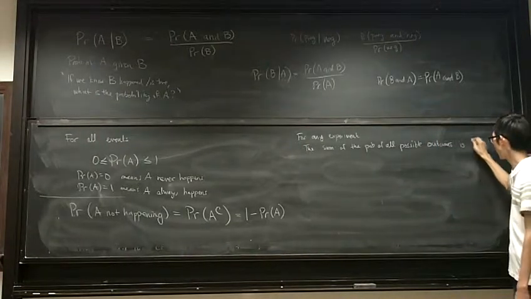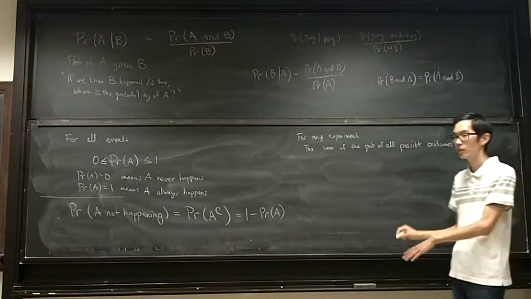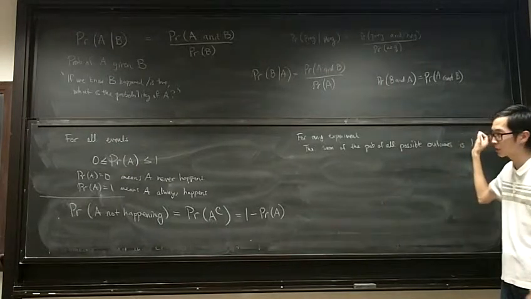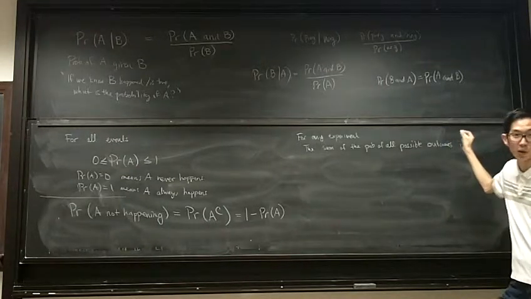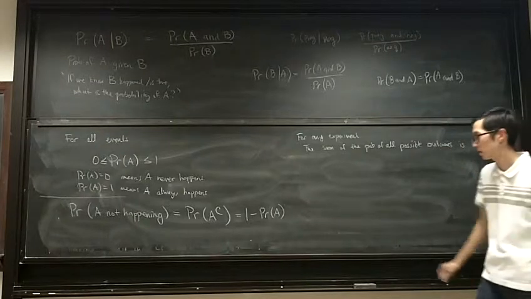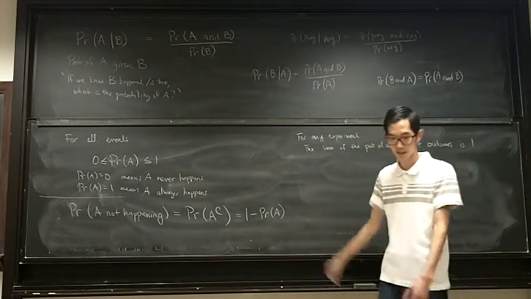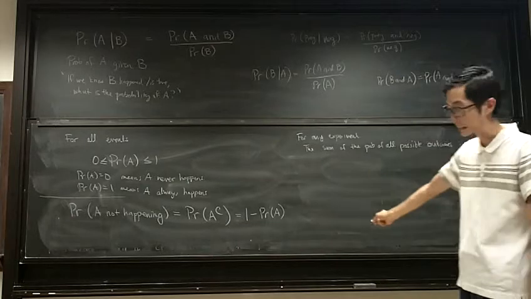Is 1, okay? So if we add up all possible outcomes, they have to add up to 1. Okay? Which is kind of saying, is related to that.